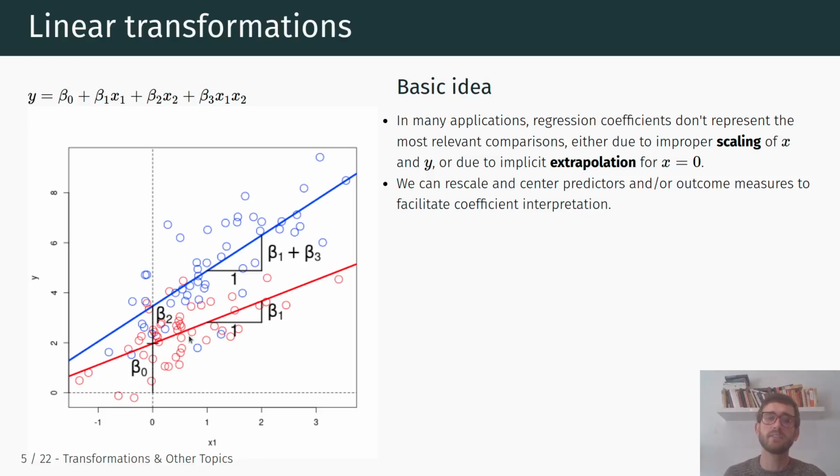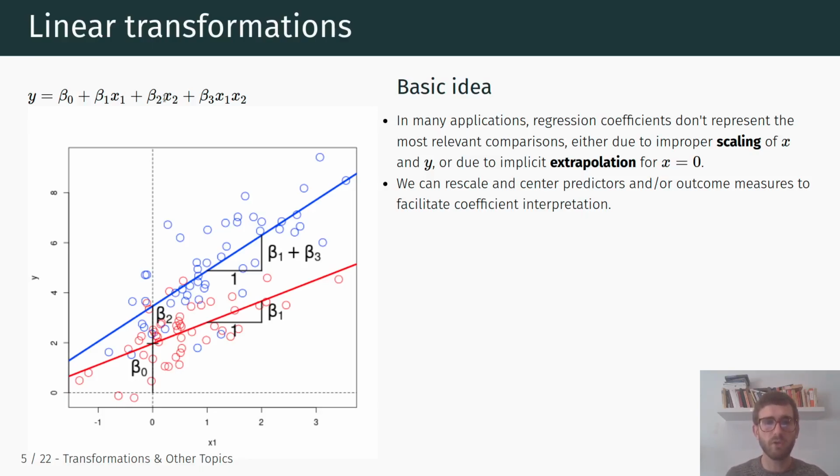So any intercept, or this main effect if we have an interaction, would lose any reasonable substantive interpretation, because it's an implicit extrapolation outside of the range of data that we actually observe. So that's the second issue where we have problems with interpretation using the raw scales.